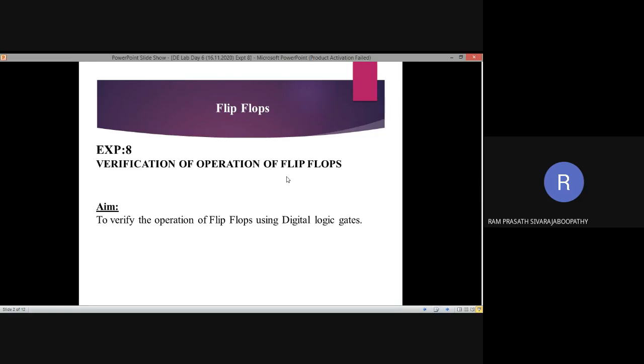Yes, for clock, we need one more input, correct? We are not speaking about the inputs, we are speaking about the number of input NAND gate. That means how many inputs must be there in the NAND gate in the JK flip-flop. 3 input NAND gate is required. Okay, we will go with the circuit so that you can understand.